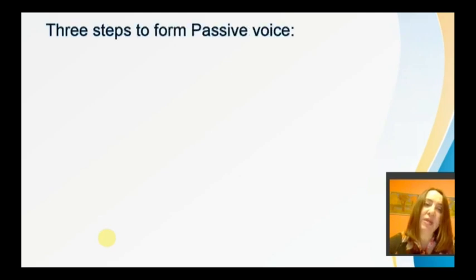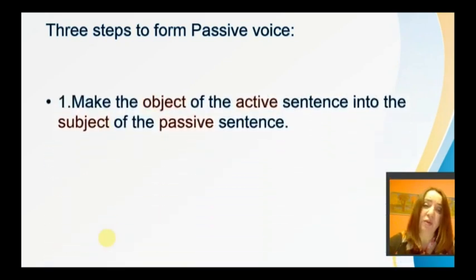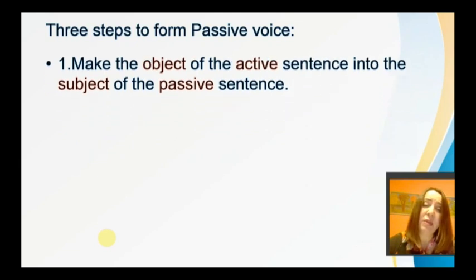So there are 3 steps to form passive voice. What do you think? What is the first step of forming passive? The first step is to make the object of the active sentence into the subject of the passive sentence. What about the second step?